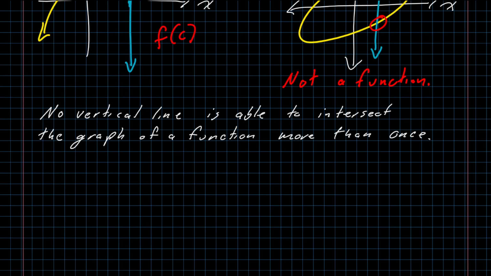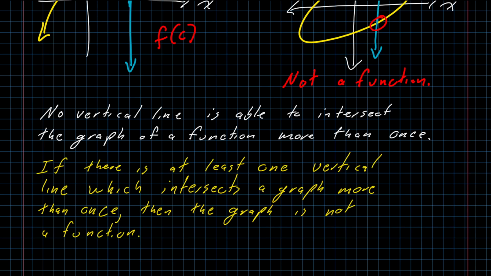The formal statement of the vertical line test usually says something like, no vertical line is able to intersect the graph of a function more than once. The practical use generally turns that on its head. If there is at least one vertical line which intersects a graph more than once, then the graph is not a function.